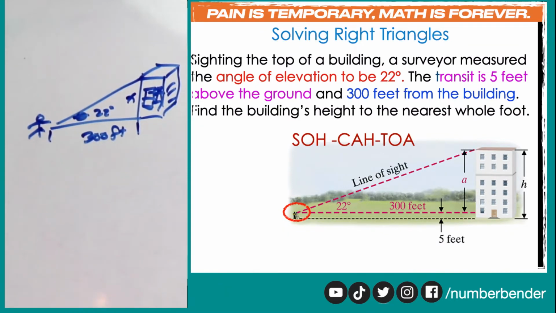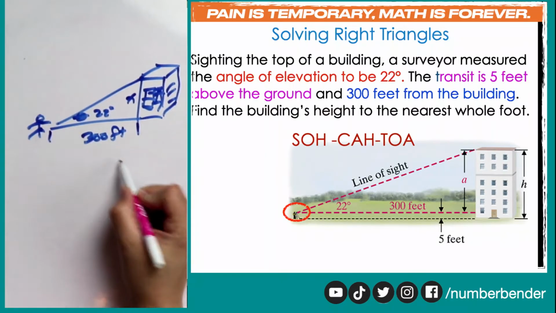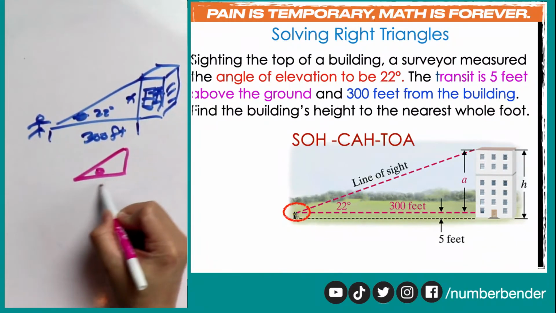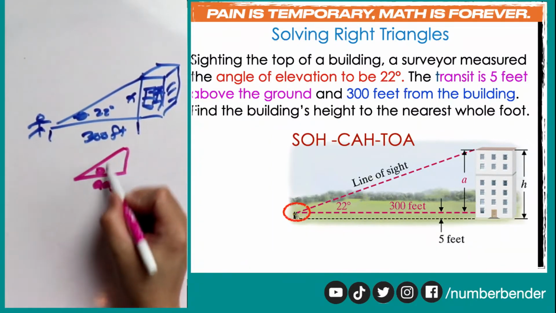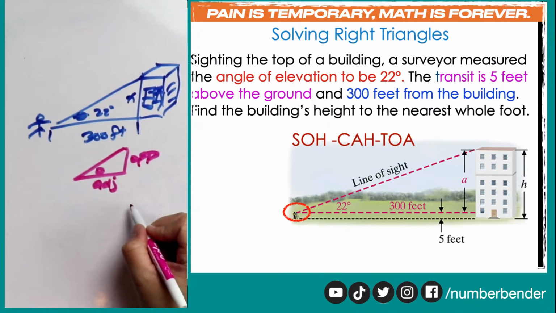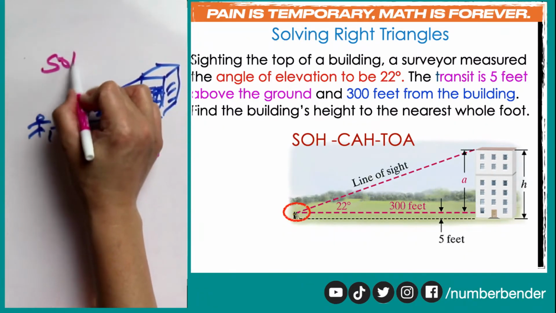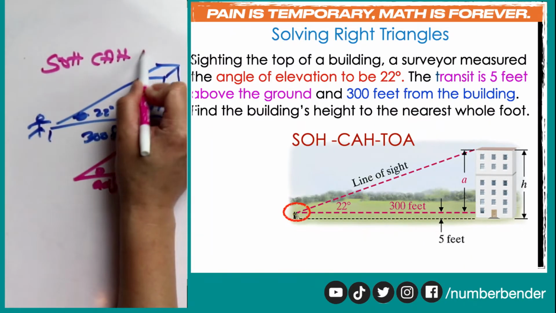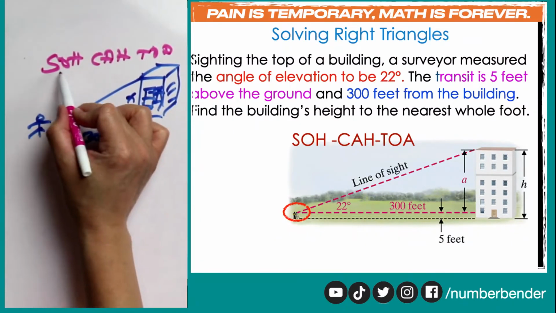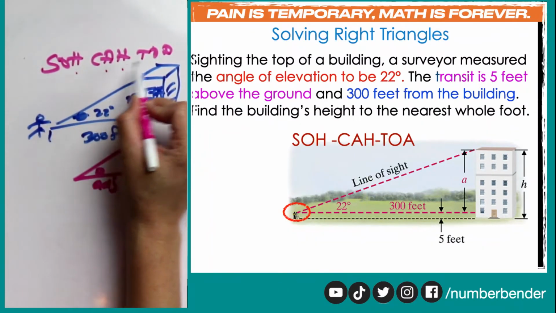So from here, we can now label our right triangle because we are given the angle measurement. We are given the adjacent side. And we are looking for the opposite side of our right triangle. So, SOH CAH TOA.